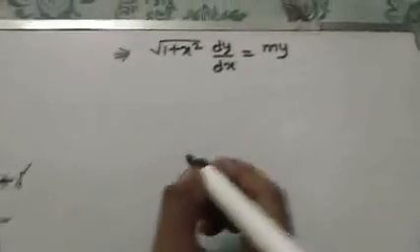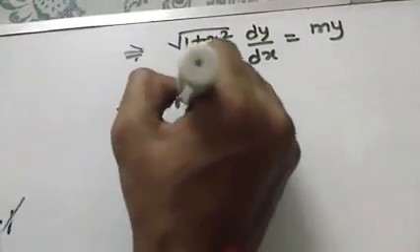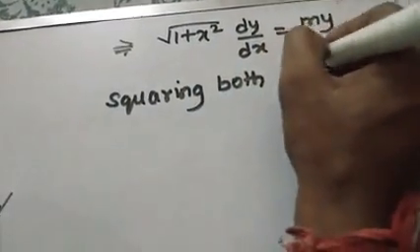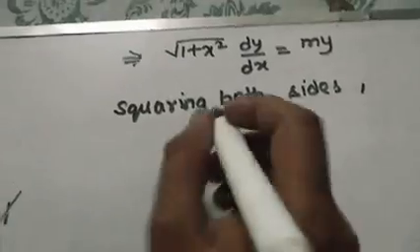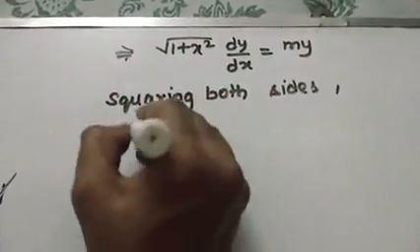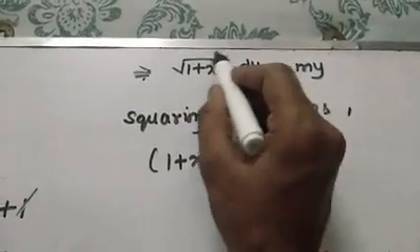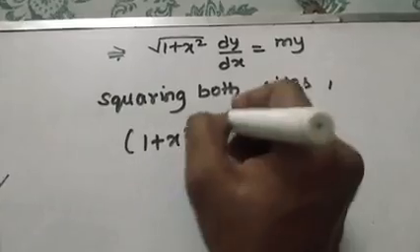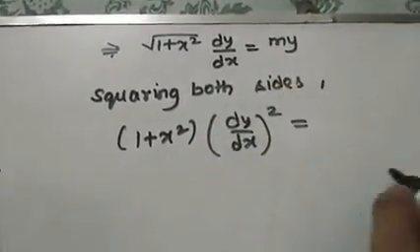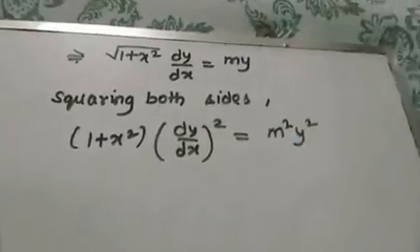Now squaring both sides. So if we square both sides, we will get 1 plus x square, because square of this, that means square root will be removed, and this will become dy by dx whole square, and it is m square y square.